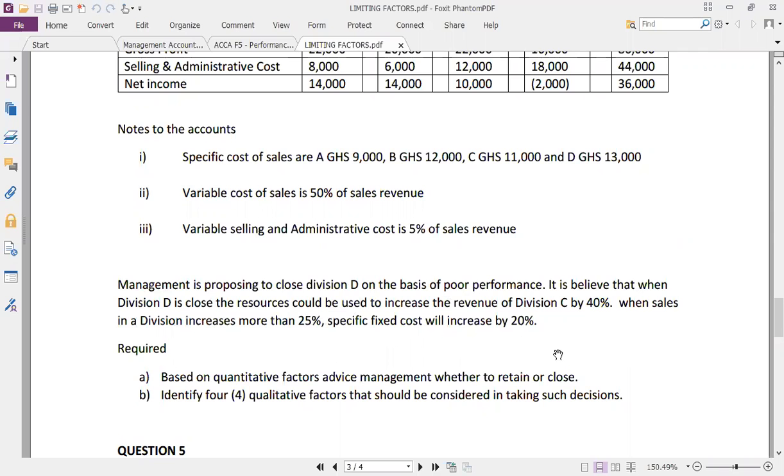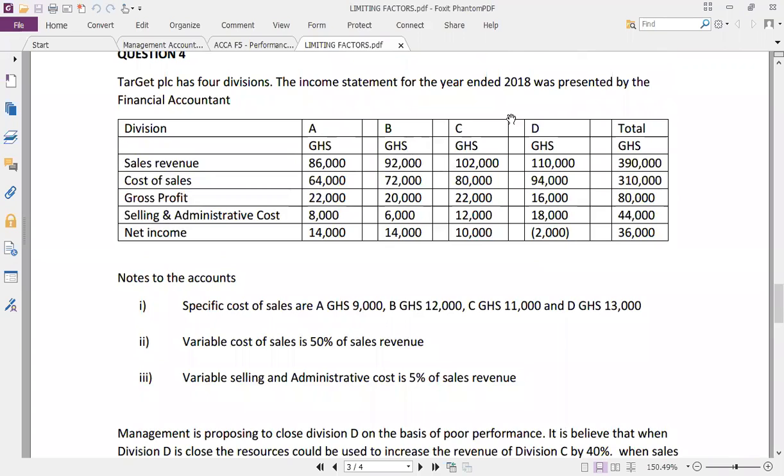In the new profit statement, the sales revenue of division C must increase by 40%. So division C is here at 102,000, increase it by 40%. Just multiply it by 40% and add back, or multiply by 1.4. That's the first thing that we have to do.